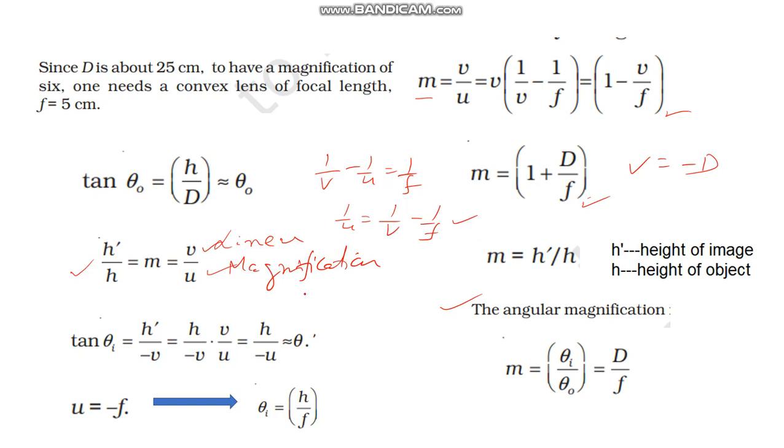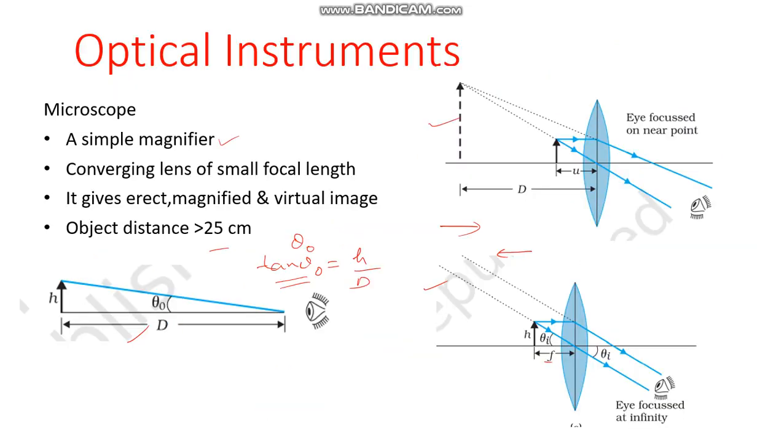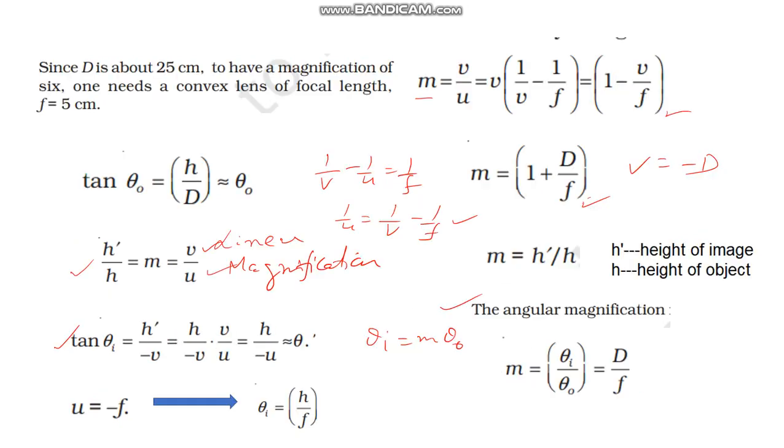Now if you want to find this angular magnification, m is equal to theta I by theta O, or theta I will be equal to m into theta O. So this is what we have used over here. Theta O we have seen already, it is h divided by d. So the theta O value we already have.